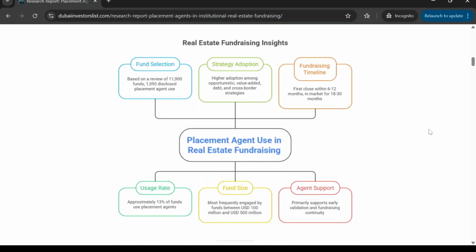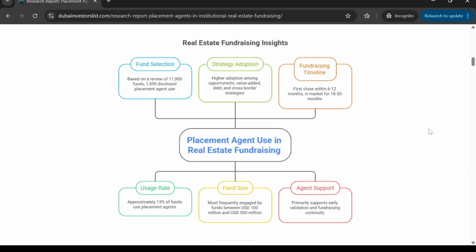You can visit the website to do it, but this is the real key slide in the entire thing, and it talks about the fundraising insights. For example, based on a review of 11,900 funds, of which 1,590 disclosed placement agent use, there's a higher adoption among opportunistic, value-added, debt, and cross-border strategies.